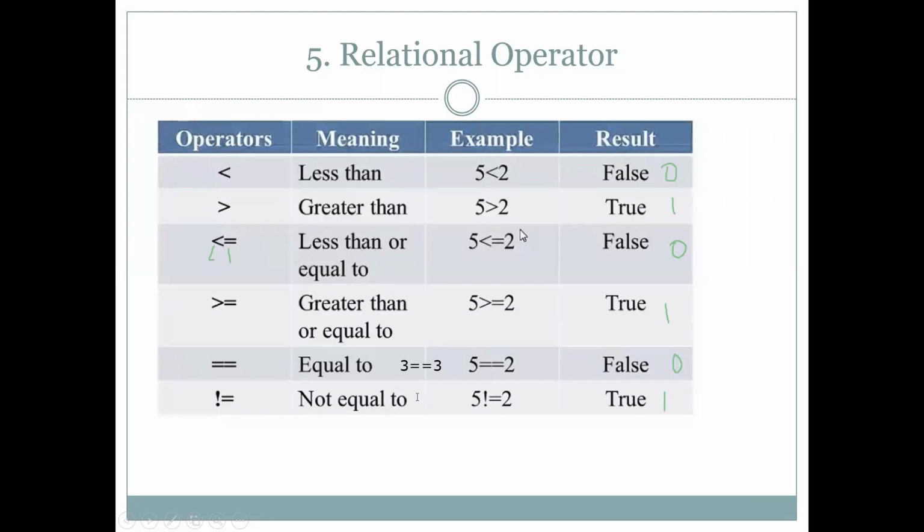Correct. If I write 3 is not equal to 3, what is the answer for the not equal to condition? True or false? Correct, because they are already equal, so it will return false. False means 0.